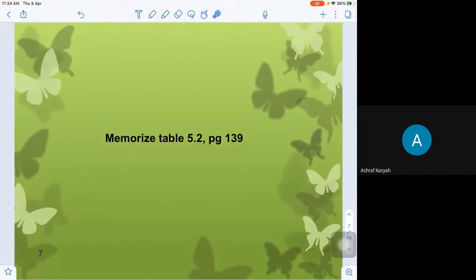Okay, so if you have your textbook later, you can refer to this table 5.2. This table 5.2 is the names of alkyl groups. Refer to that later when there are branches. We have methyl, ethyl, propyl, isopropyl.